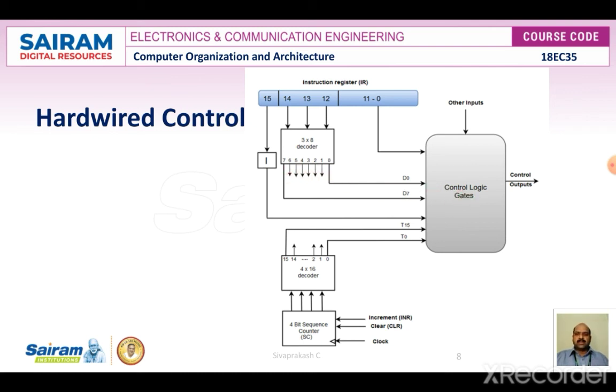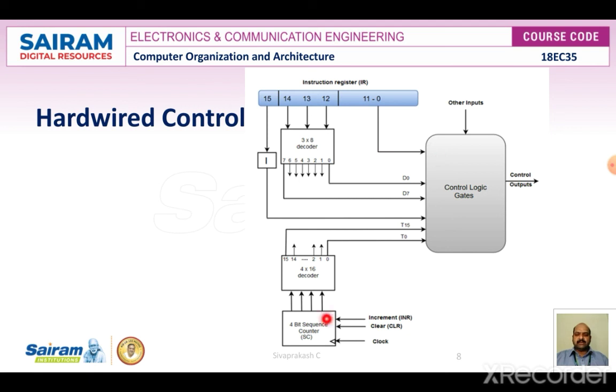Whereas the bit 15 is transferred to a flip-flop designated by the symbol I, which is connected to the control logic. Bits 0 to 11 are applied to the control logic gates.